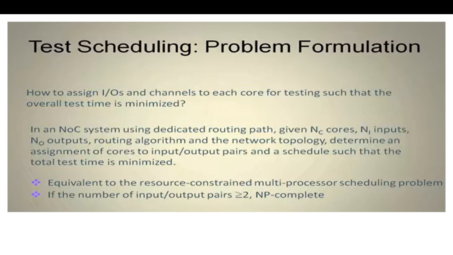In NOC systems, using a dedicated routing path, given NC cores, NI inputs, NO outputs, the routing algorithm and the network topology determine an assignment of cores to input-output pairs and a scheduling such that the total test time is minimized. This is equivalent to the resource-constrained multiprocessor scheduling problem. If the number of input-output pairs is greater than or equal to 2, then it is NP-hard.